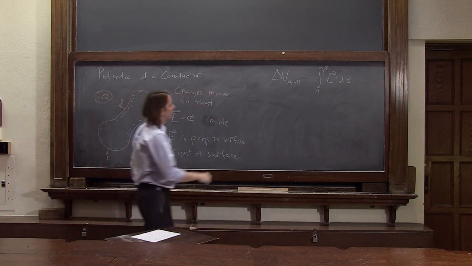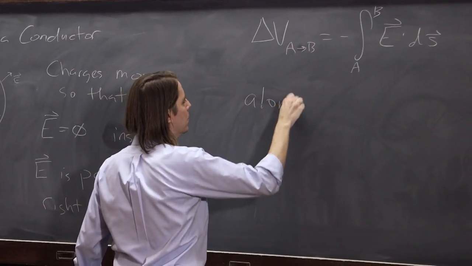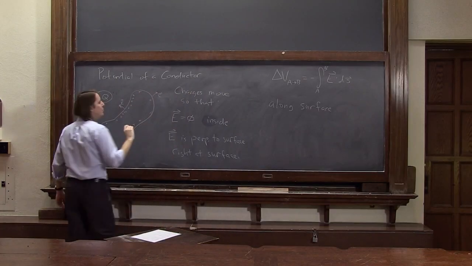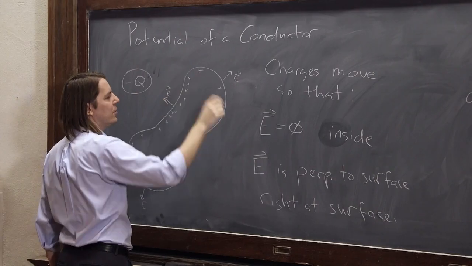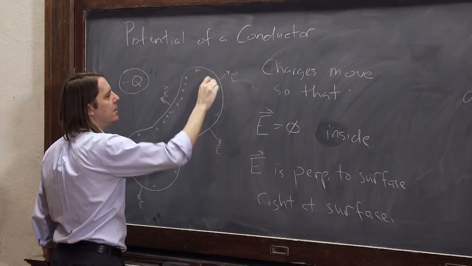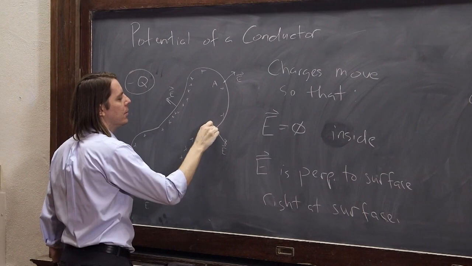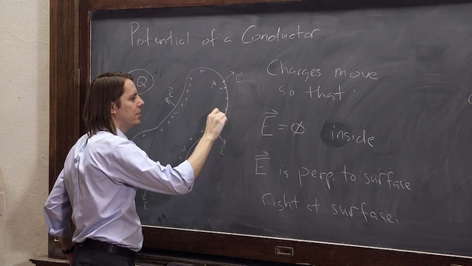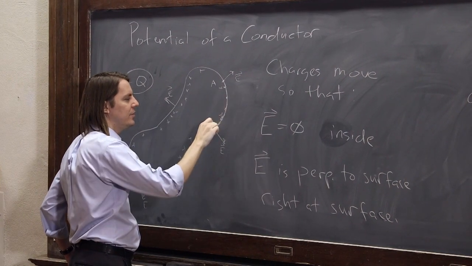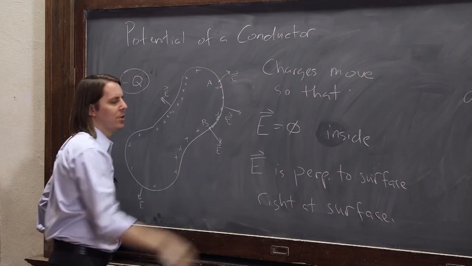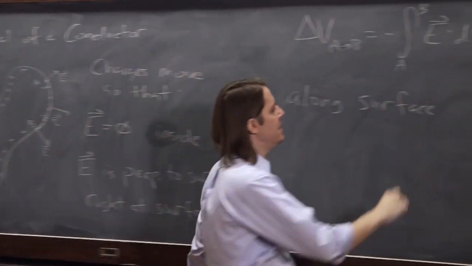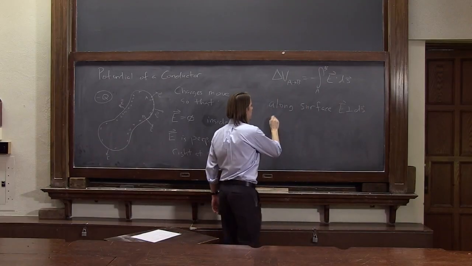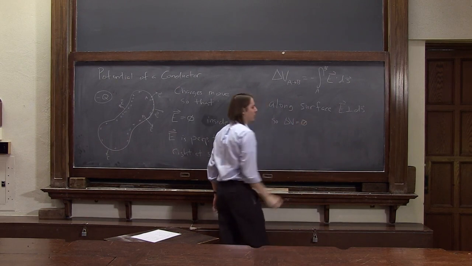Well, if we go along the surface, if we put our A and our B on the surface, say we start here and we go to here, our little ds's are always going to be in the surface, and the E's are always going to be perpendicular. So if we go along the surface, E is perpendicular to ds. So delta V is going to be 0.